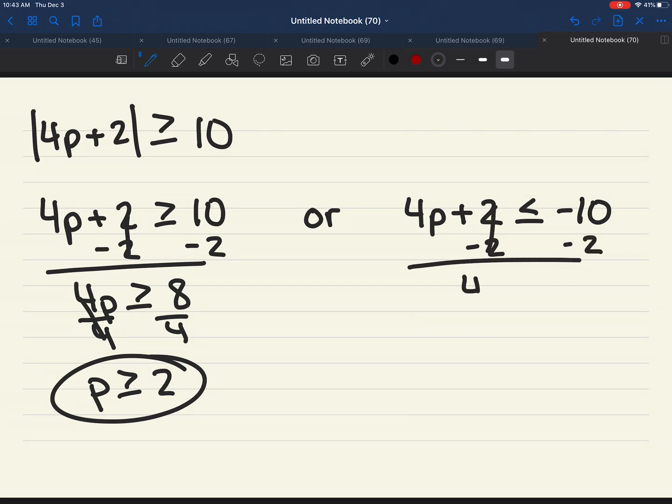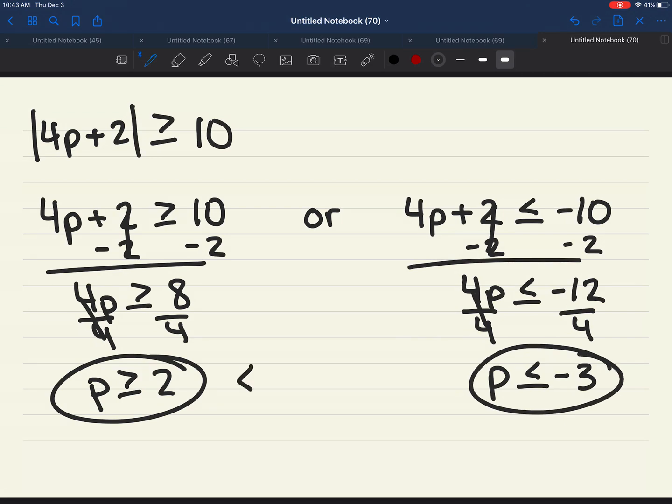What's -10 minus 2? -12. Okay. Divided by 4. Why do I not switch that inequality? -3. Good.